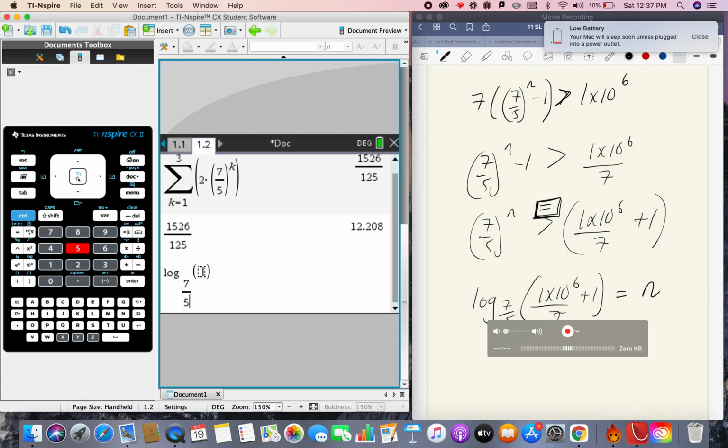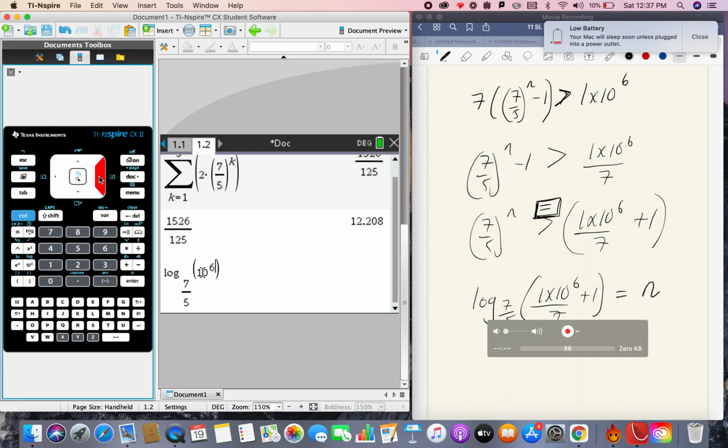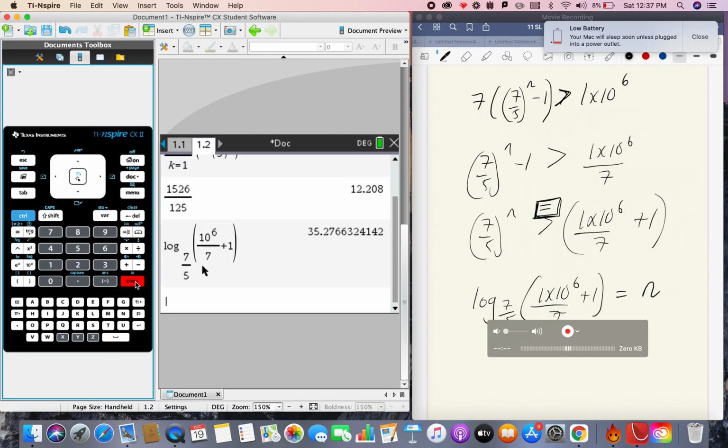And then in here this is 1 times 10 to the 6, this is just 10 to the 6. Okay, and that number there is divided by 7, and then we plus 1, and we should just get our answer there.